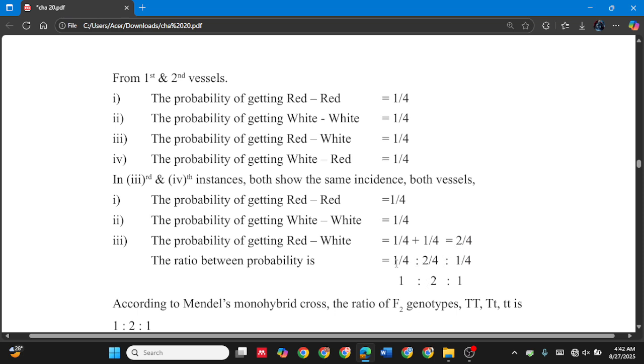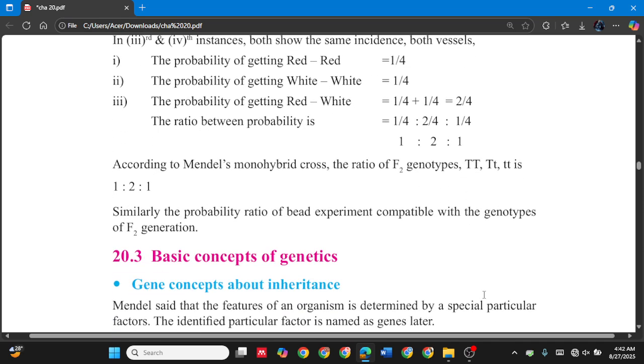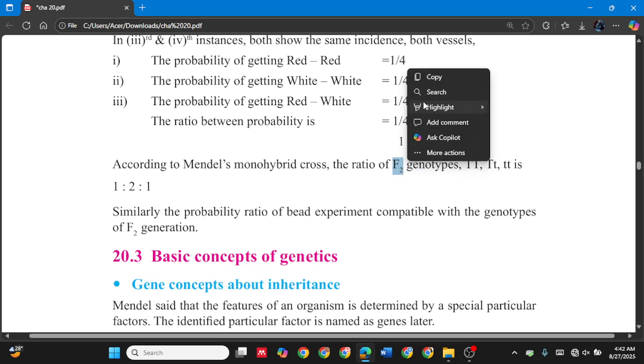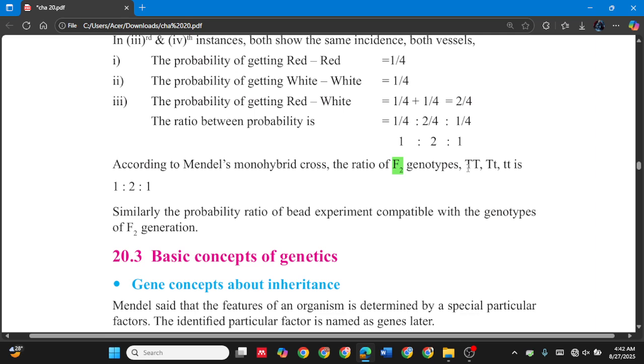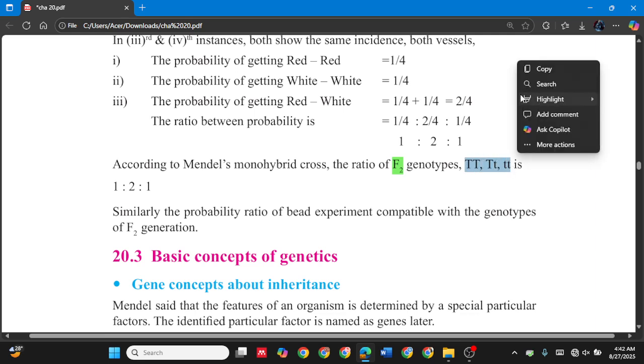If you write it like this, you can cancel all the 4s and find the ratio is 1 to 2 to 1. So according to Mendel's monohybrid cross, the ratio of F2 genotypes is like this.